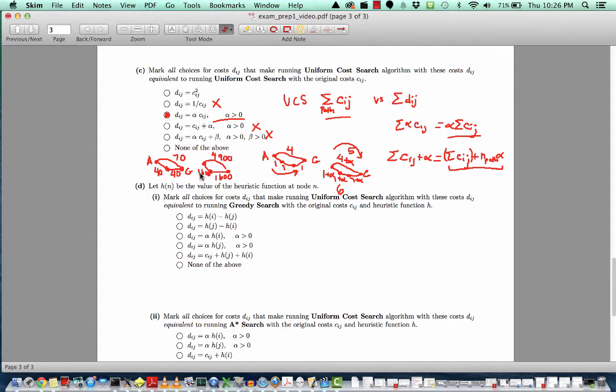And so in this case, where before it was optimal to take the 70, in this new graph, it now is optimal to take these 2 edges, 1600, because 1600 plus 1600 is 3200, which is less than 4900. So therefore, uniform cost search on the 2 different graphs is not equivalent. And note that in both of these examples, I use the fact that uniform cost search always returns the optimal solution for a graph with weights.